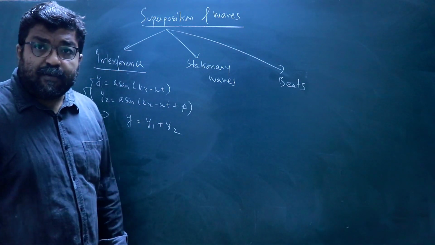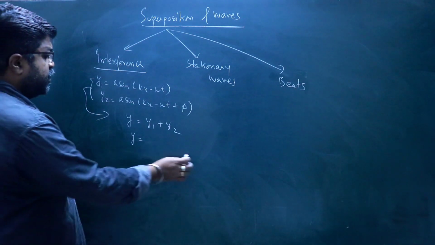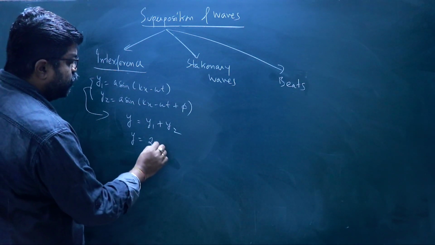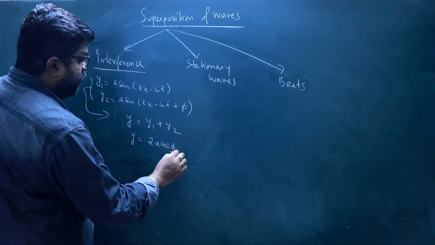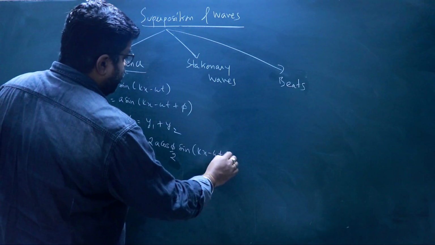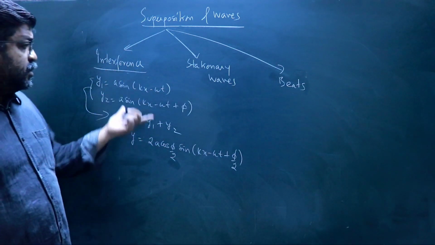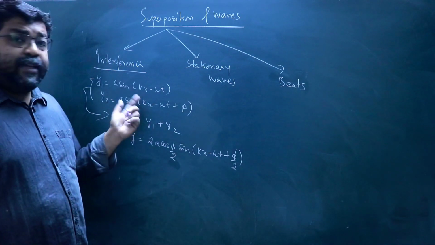This is called principle of superposition. If you simplify this, you will have y is equal to 2a cos(phi by 2) sine(kx minus omega t plus phi by 2). So this is the equation obtained by adding these two.